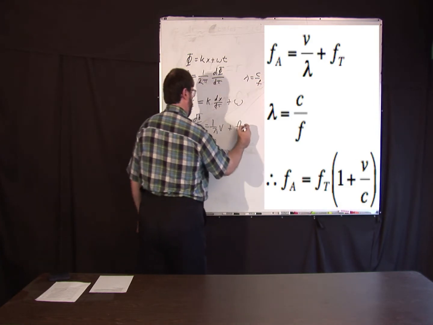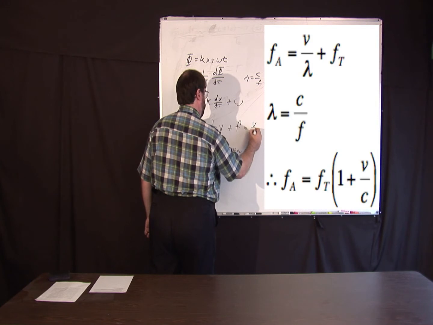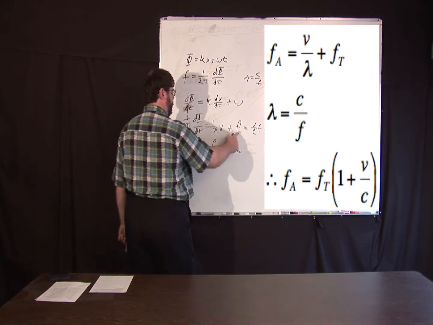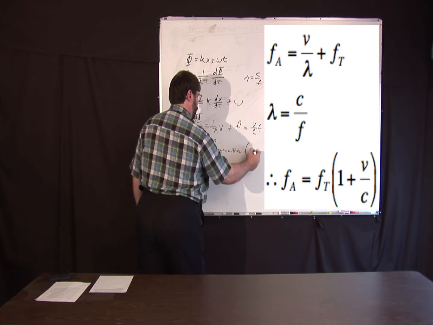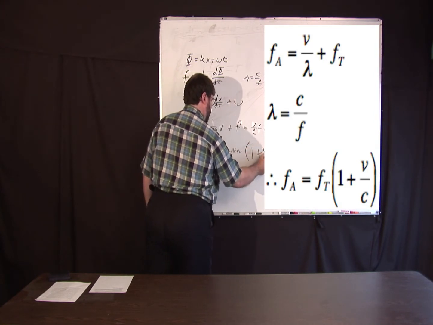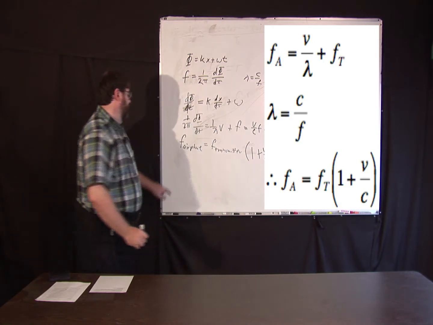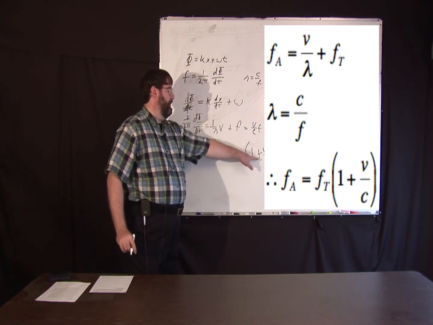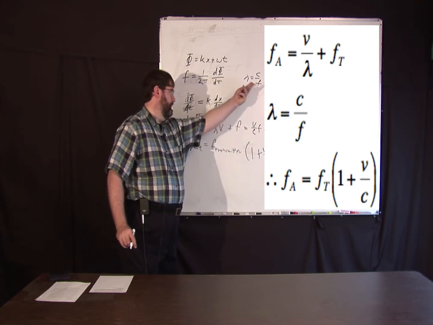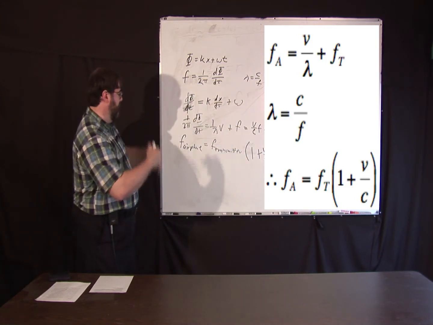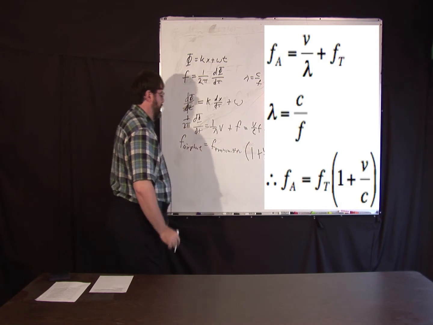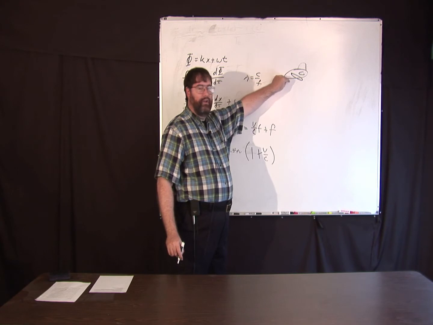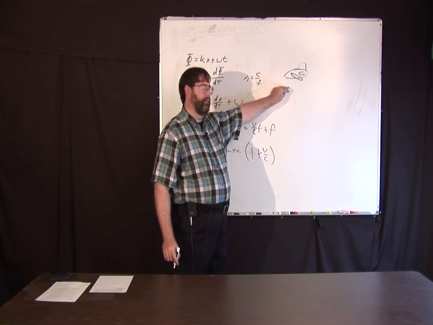So this equals v over c times f plus f. We'll call this f transmitter times 1 plus v over c. So the frequency seen by the airplane is higher as you're moving together. That's the frequency that's incident on its skin, and that's the frequency it reflects.